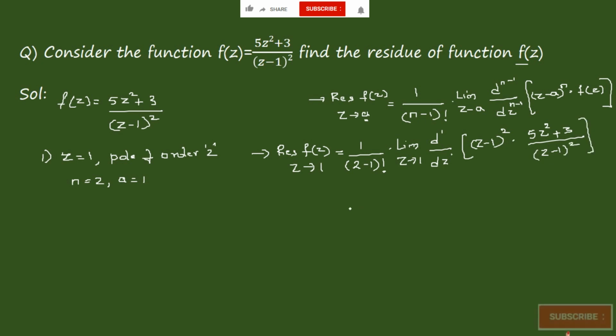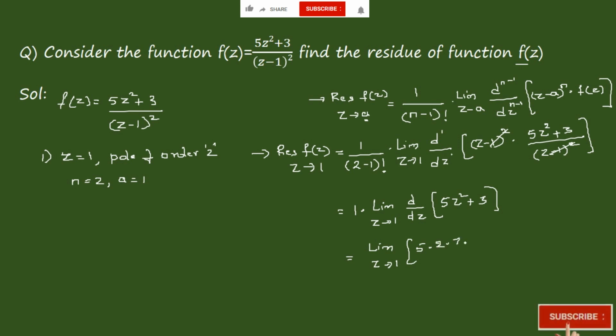Now substituting, we know that 1 factorial is 1, so 1 times the limit as z tends to 1 of d by dz, these two get cancelled, it becomes 5z square plus 3. Just differentiate it: the limit as z tends to 1 becomes 5 into 2z. Now z is equal to 1, so 5 times 2 is equal to 10. So the answer is 10.